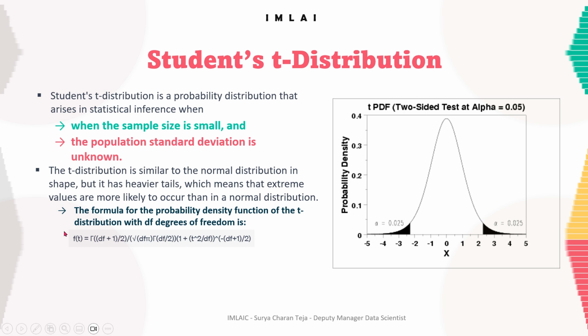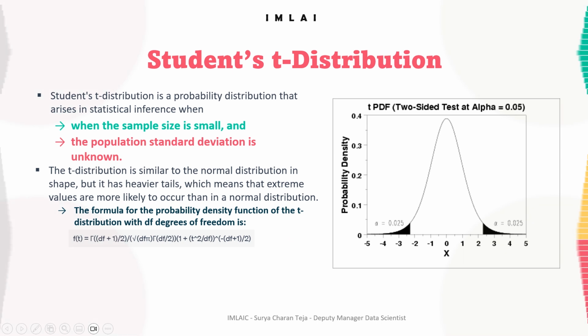And this is the probability density function of the T distribution. You have the gamma of (df plus 1) divided by 2, divided by the square root of df times pi, and gamma of df by 2, multiplied by the remaining function.